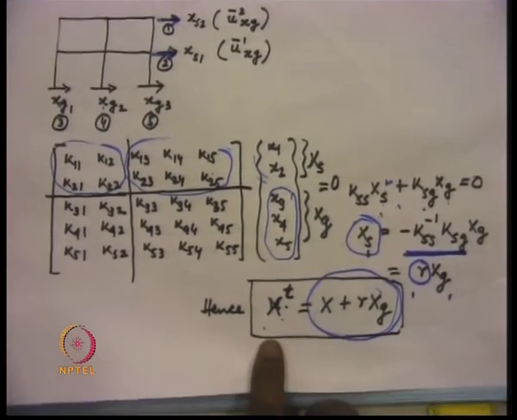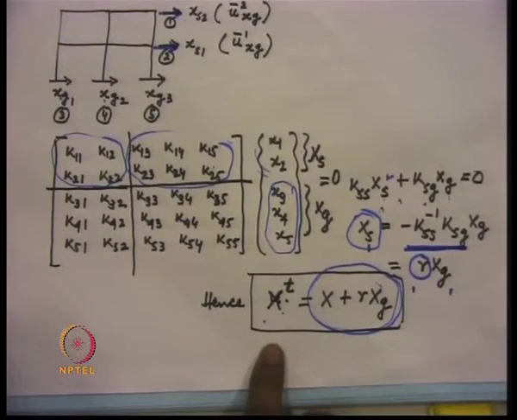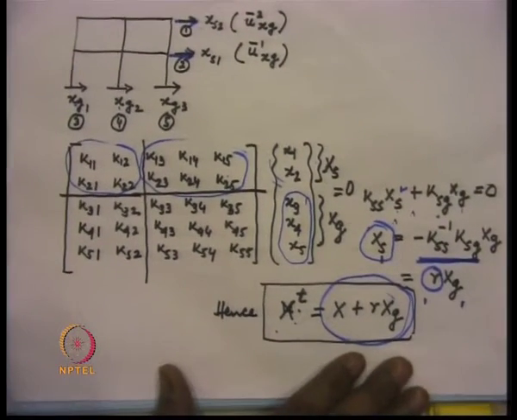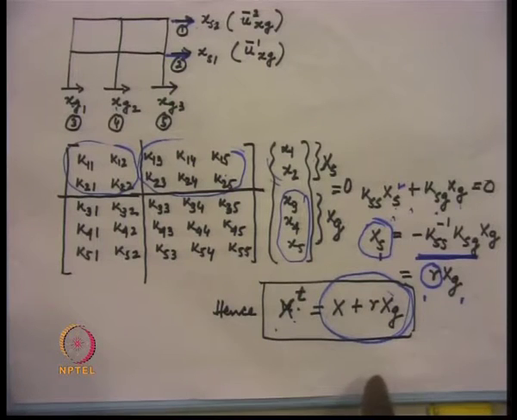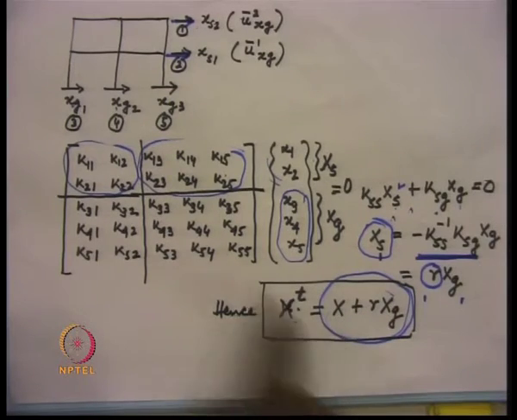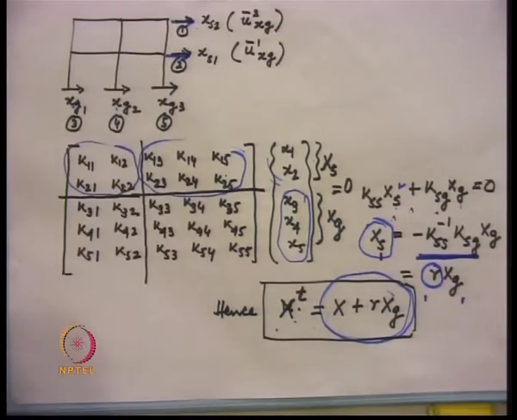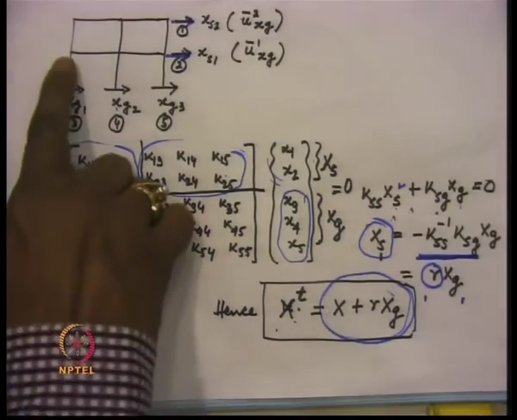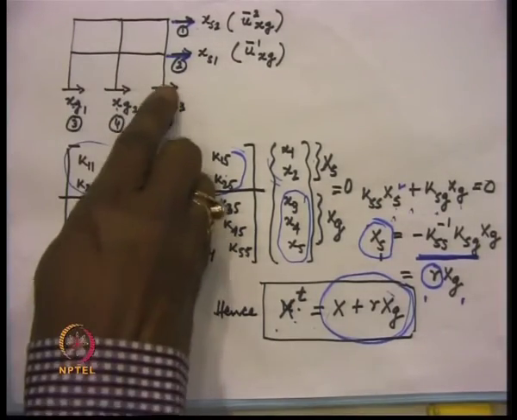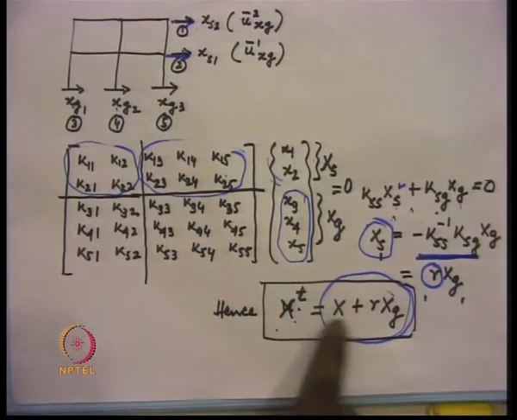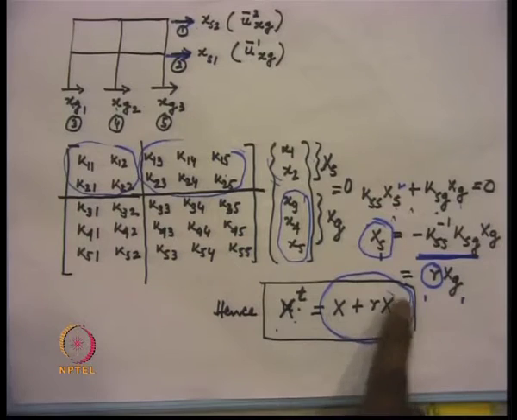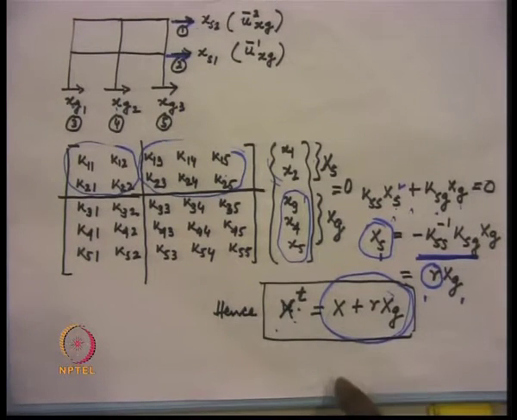And when you are talking about the total displacement x_t, then this x_t can be written as x plus r x_g, where x is the displacement at the non-support degrees of freedom produced due to the inertia effect with respect to the base, that is the relative dynamic displacement, plus the quasi-static component r x_g, which is the quasi-static component of the displacement.